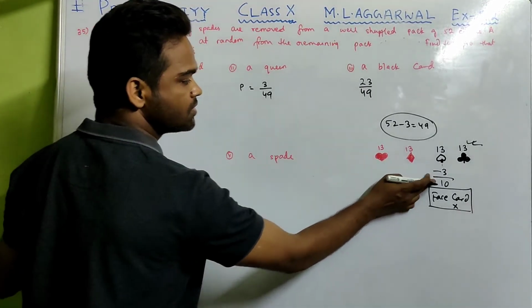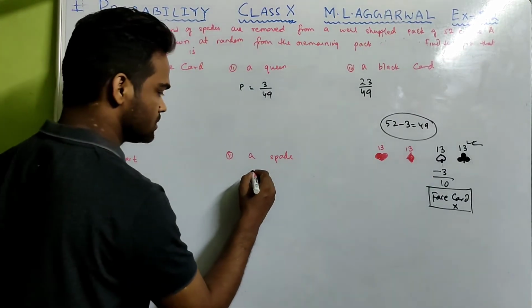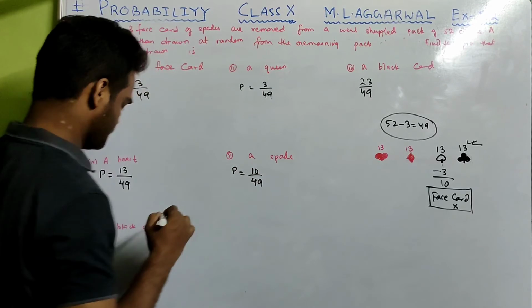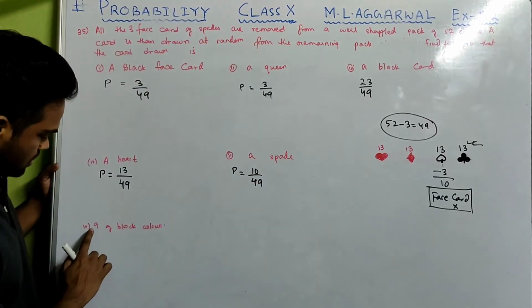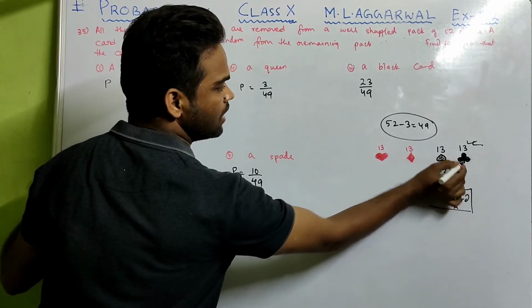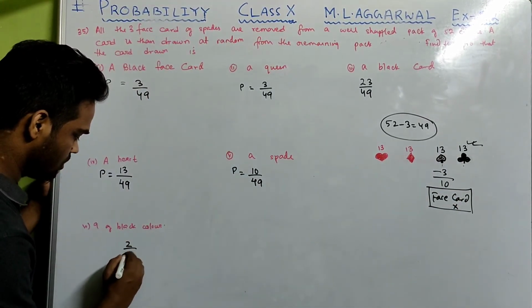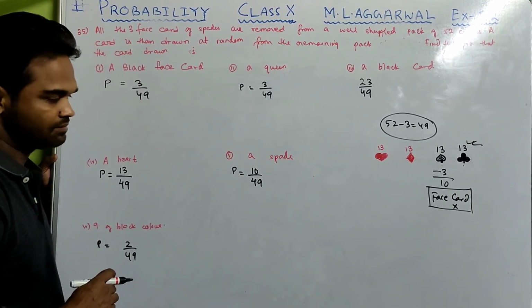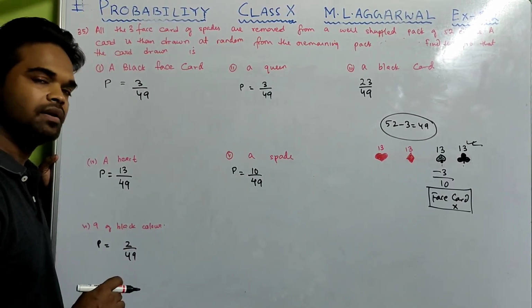Now 3 are removed, which means 10 are spades. So 10 by 49. Am I correct? A 9 of black color. Now you can get a black color 9 from here and from here, which means 2 out of 49. Done. Now let us look at the next sum.